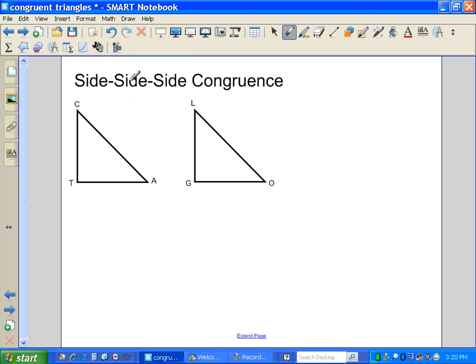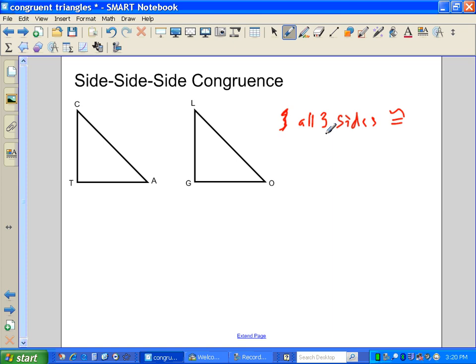If we follow the side, side, side congruence theorem, then we're looking to see if all 3 sides are congruent to the other 3 sides.